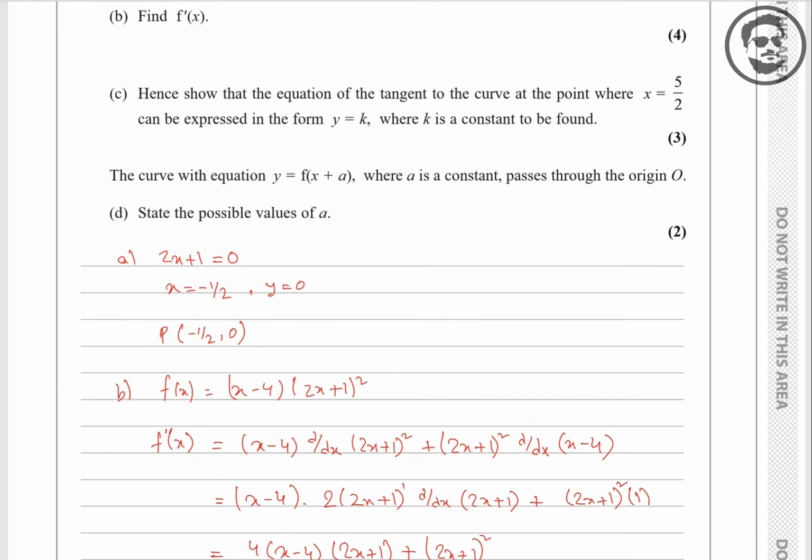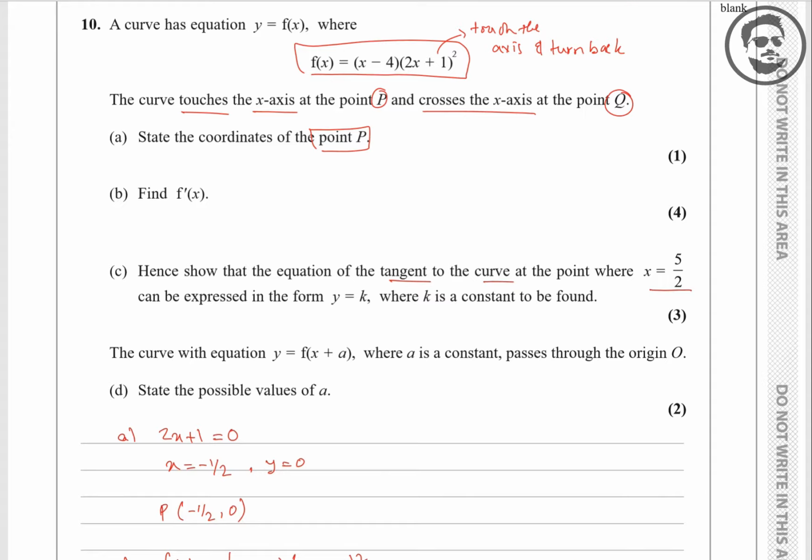Part C. Hence show that the equation of the tangent to the curve at the point x equals 5 by 2 can be expressed as y equals k. So for the tangent we need to find the gradient first, and then we have the x coordinate, and we need to use this x coordinate to find the value of the y coordinate using the equation here.